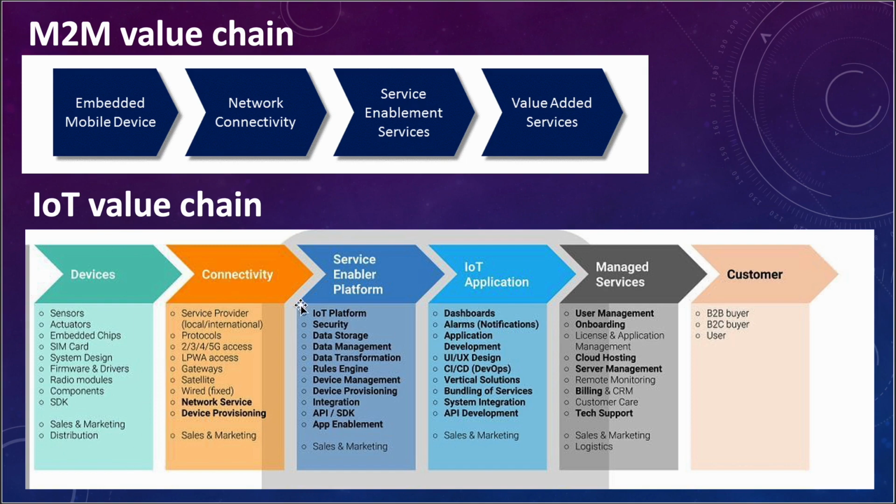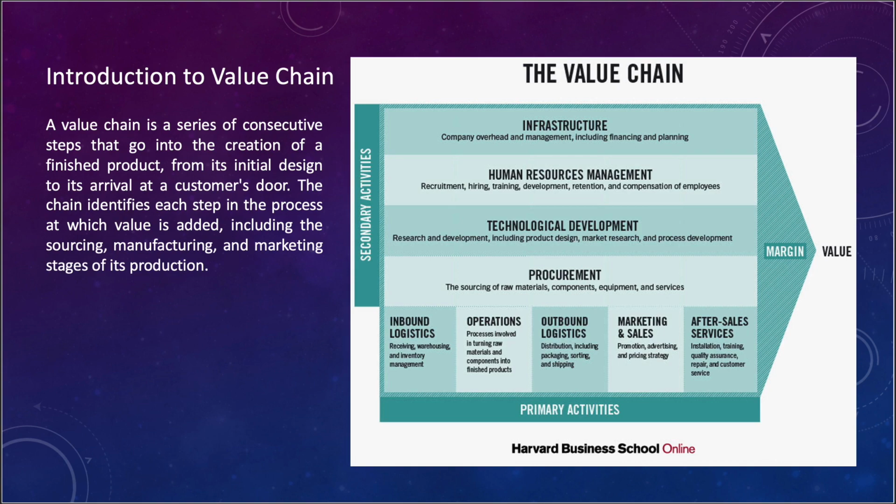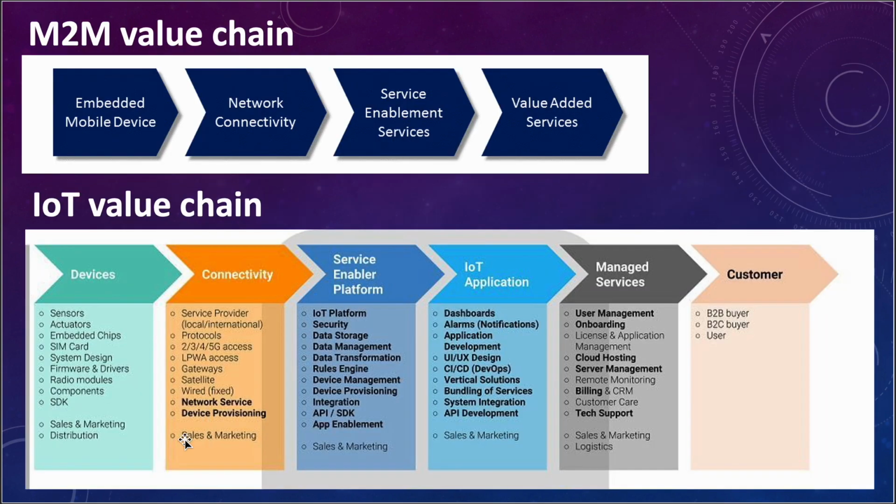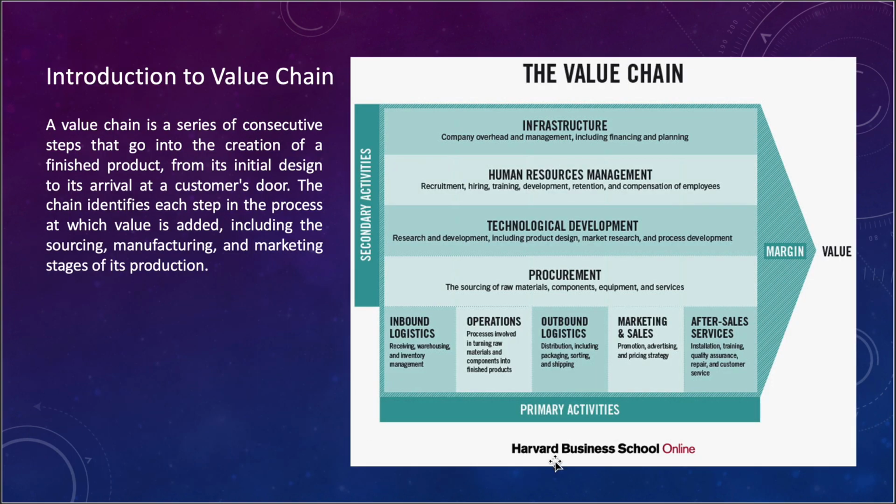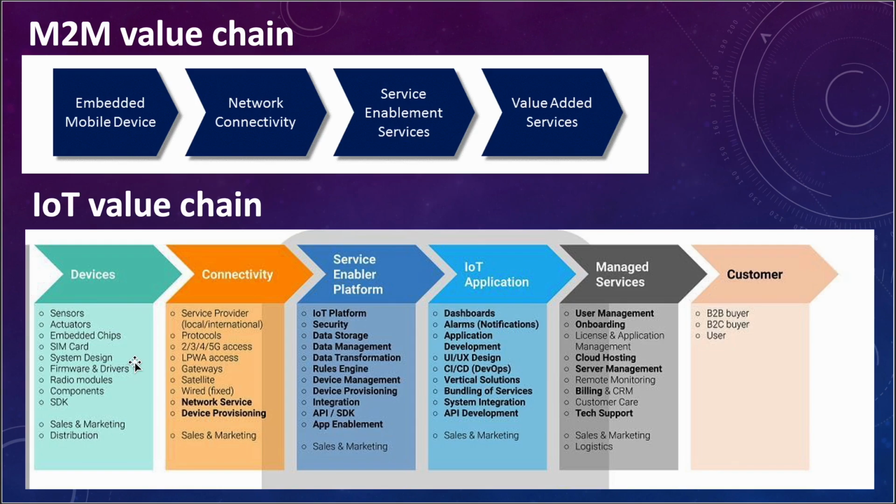Under connectivity, companies provide these components, right? Under service enablement, these components, and each of those companies have their value chains, and those companies take their inbound logistics or procurement from other companies which would have similar value chains, right?